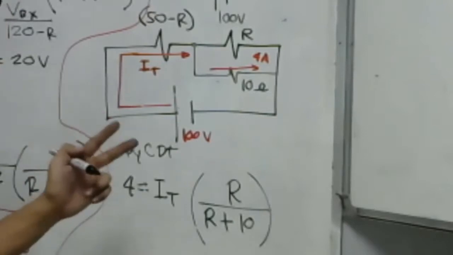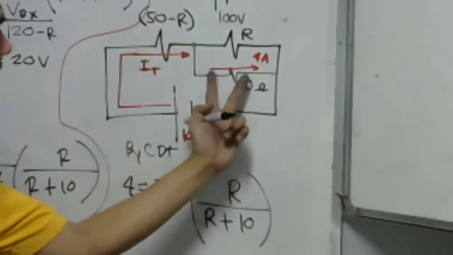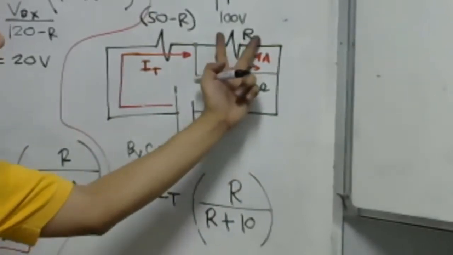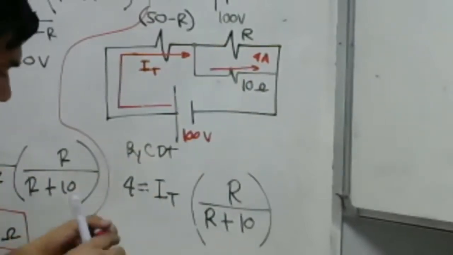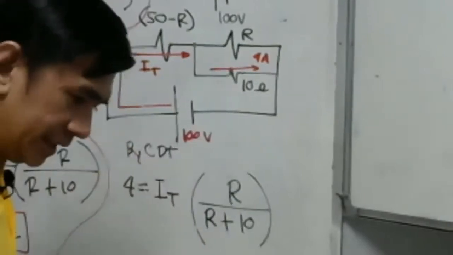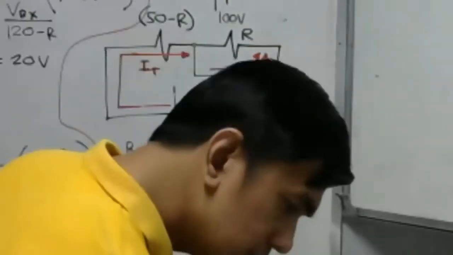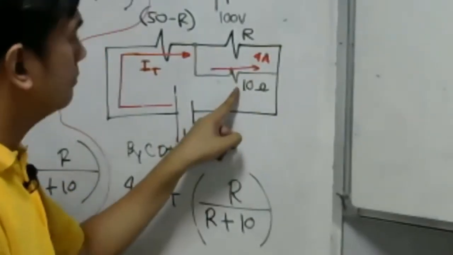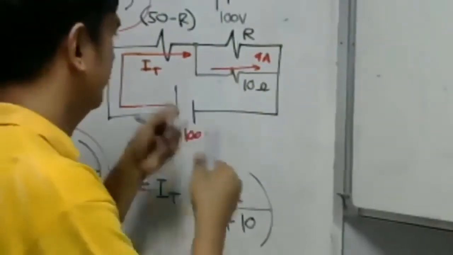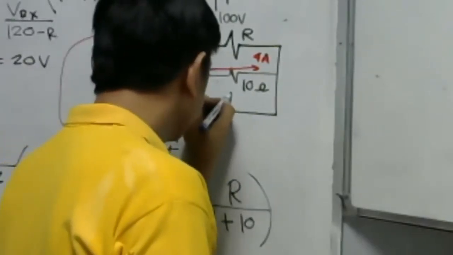What is the voltage in the 10 ohm resistance? Which is also the voltage in the resistance R here. It's simply 4 times 10, that's 40 volts.